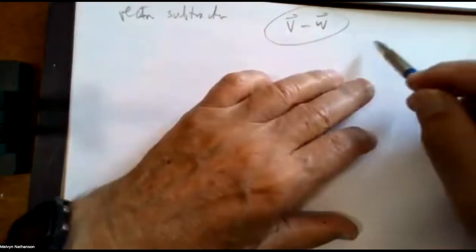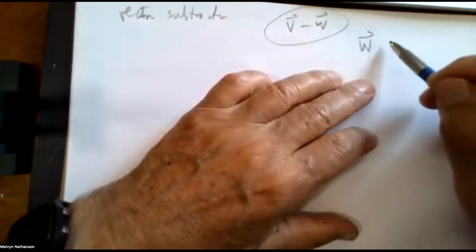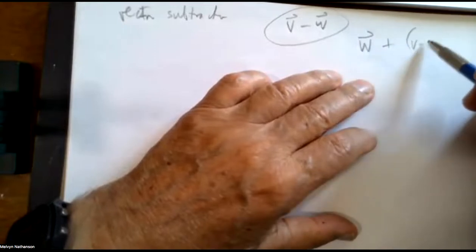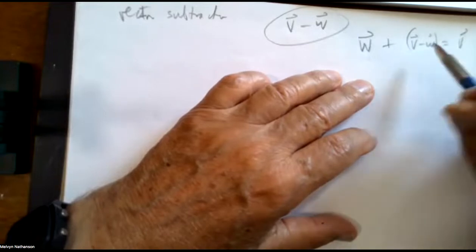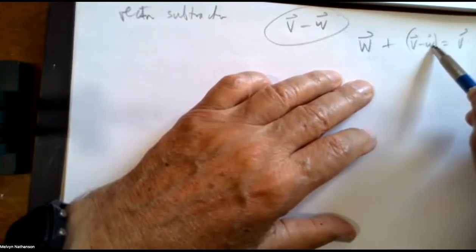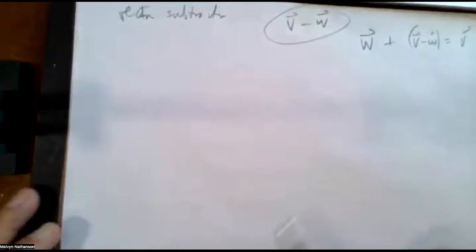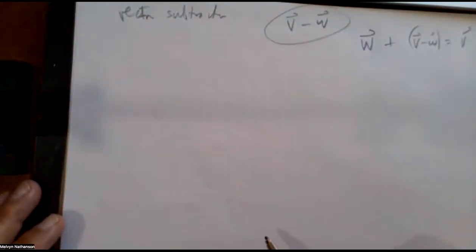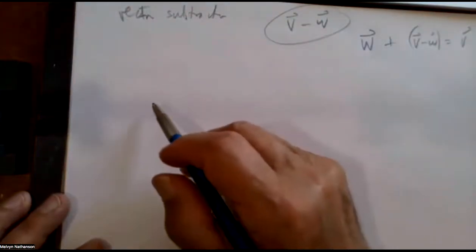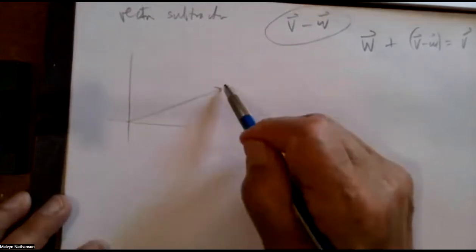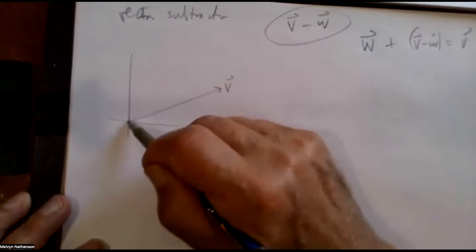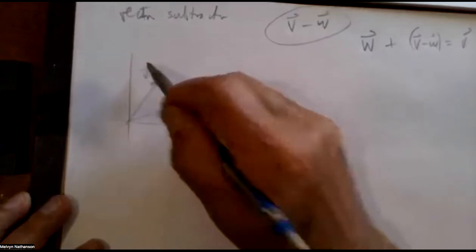It should be that if you start with the vector W and you add V minus W, you get V. That is, V minus W should be what you add to W to get V. So let's say here's the vector V, and here's the vector W.